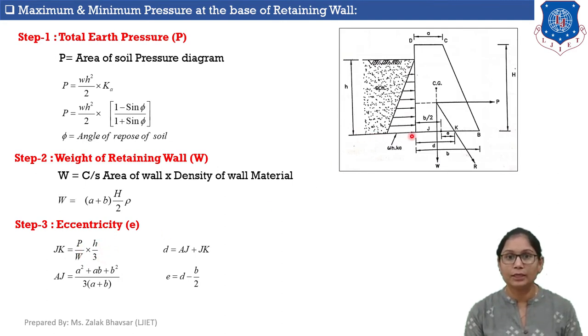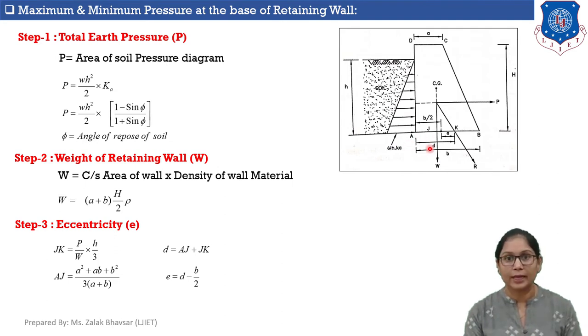Now we also need to calculate the distance AJ. A is the heel of the wall and J is again the point where W cuts the base of the wall. So AJ can be calculated using this equation, which is (a square plus ab plus b square) upon 3 into bracket (a plus b).